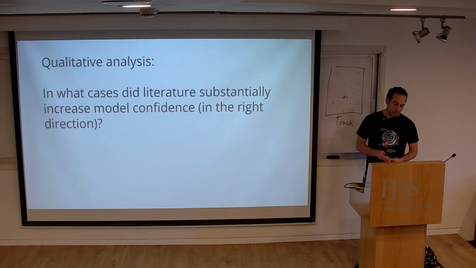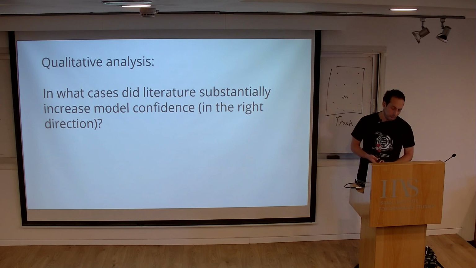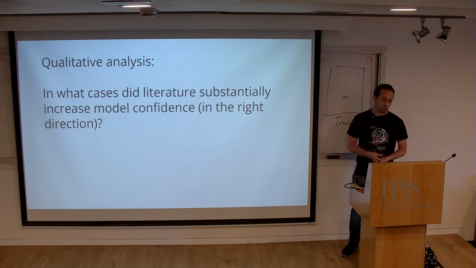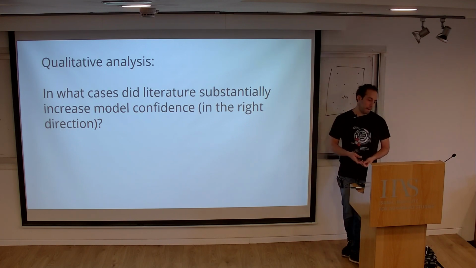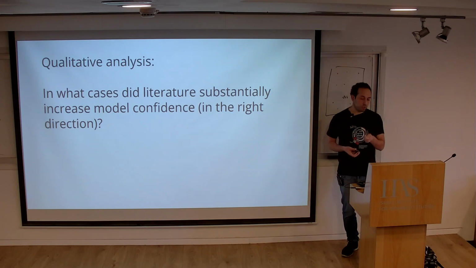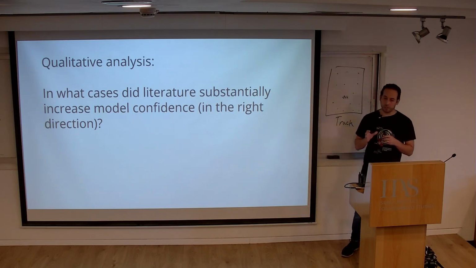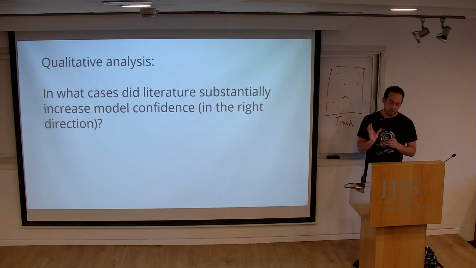So finally, we also perform a qualitative analysis. We sample 200 or so patients, and then we look for the cases where the literature substantially increased the model confidence in the right direction, right? So you can assume having the previous state of the art and looking at its model confidence and looking at what the true outcome actually was.